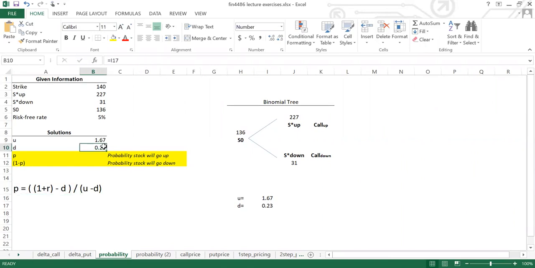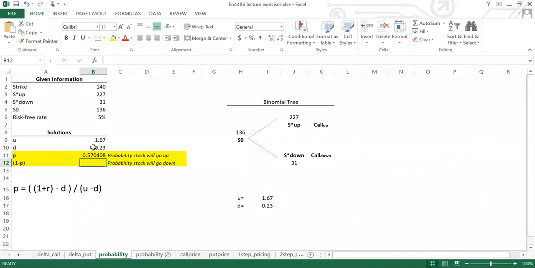After we have u and d, probability is just 1 plus r, where r is given, minus d, or the down factor. Let's put all of this in a parenthesis, and then divide this by u minus d, and we close the parenthesis, and that's it.